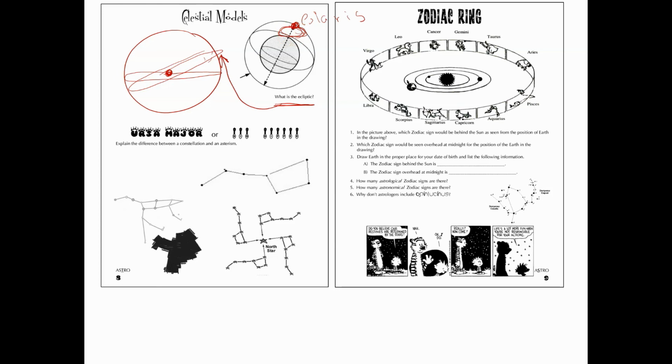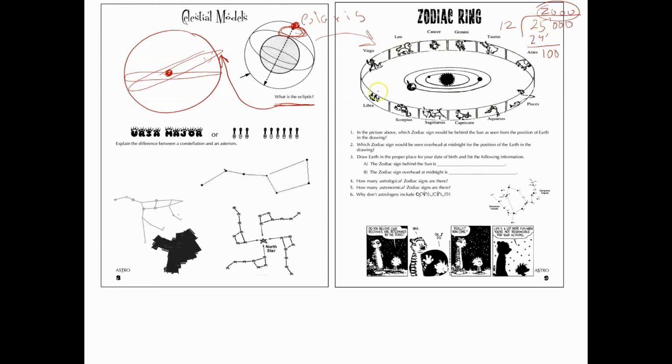And because of this precession, it causes a shift about every 2,000 years, because if we call it 25,000 years for one precession and divide by the 12 zodiac signs that the astrologers use, 12 goes into 25,000 about 2,000 times. So that's why I'm going to say 2,000, just as Bill Nye said.